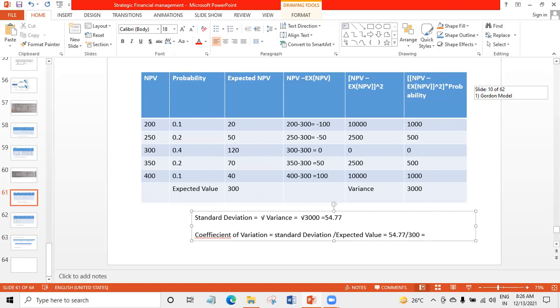Coefficient of variation is standard deviation upon expected value, 0.18256.